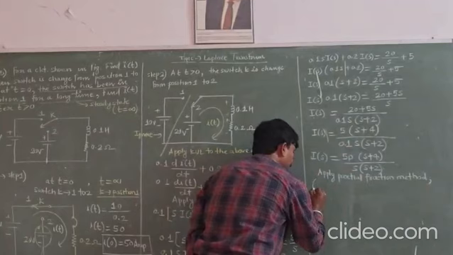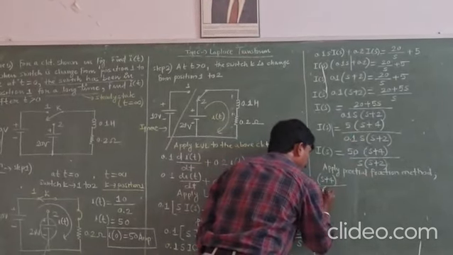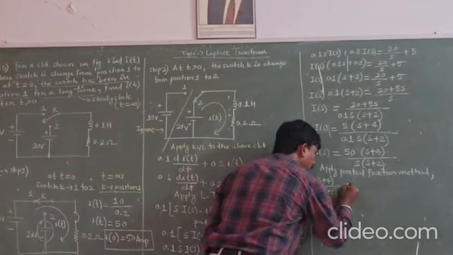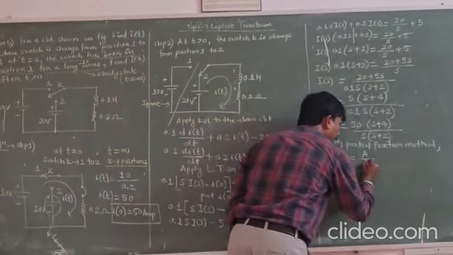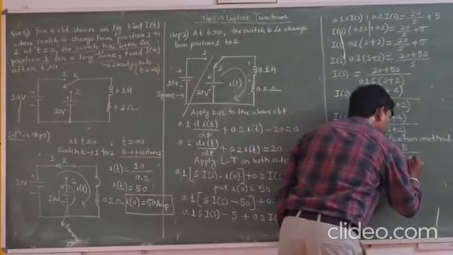Therefore, s plus 4 divided by s into s plus 2 equals to a by s plus b by s plus 2.